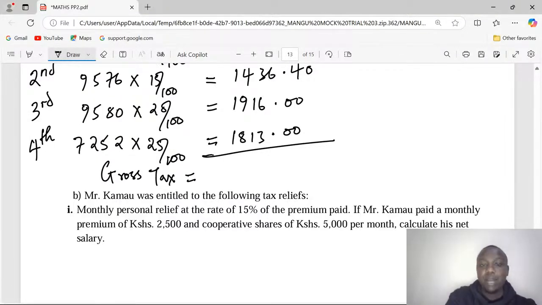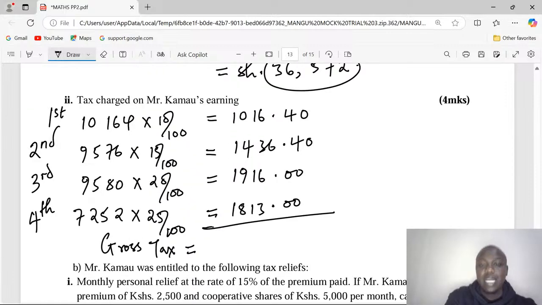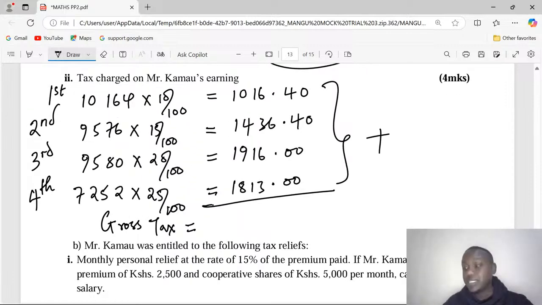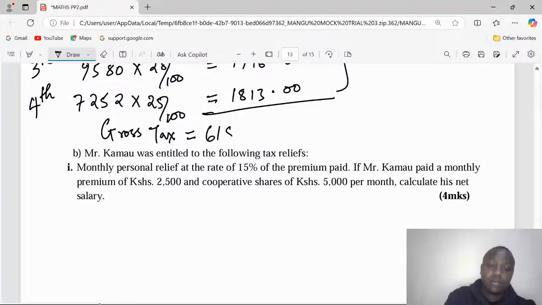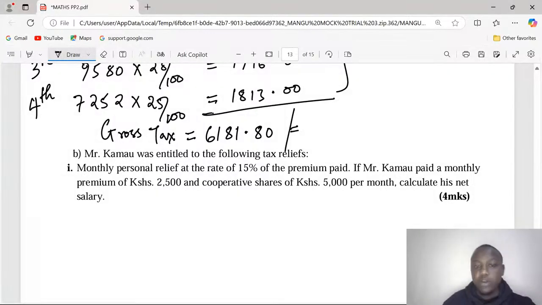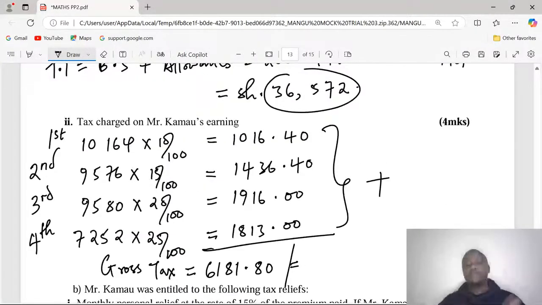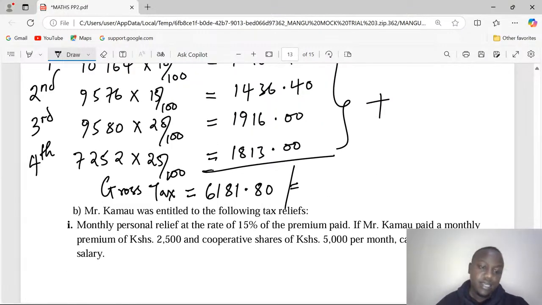So now we can calculate what we call the gross tax, the total tax. When we add up now all the taxes, this is going to give us 6,181.80 Kenya shillings. So far, there is no information about the relief, then we just underline that as our tax.